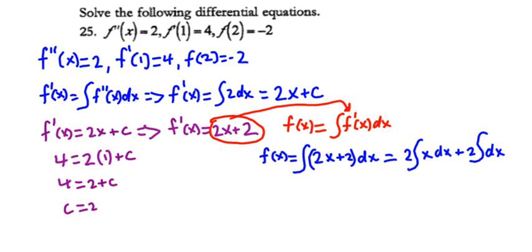And integrating, we're going to have 2, and this x to the 1 power, 1 plus 1 is 2, so we have x squared over 2 plus 2x plus our constant of integration, c. And so that's going to be equal to, 2 over 2 cancel equal 1, x squared plus 2x plus c.